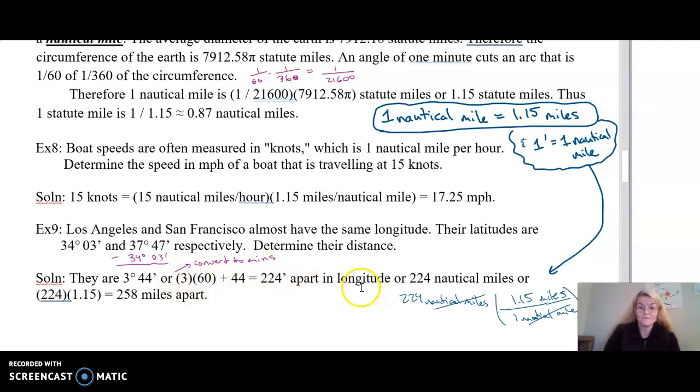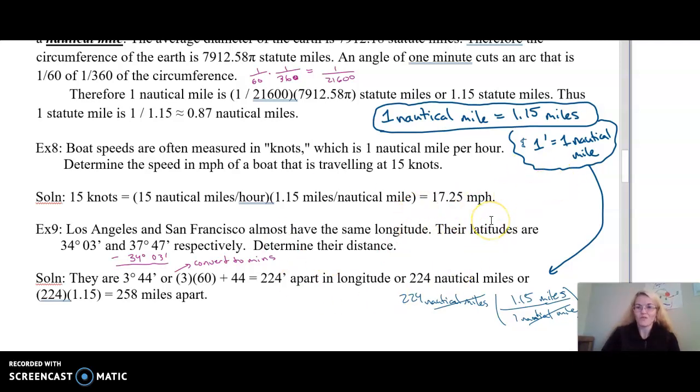But again, remember, 1 minute measured from the center of the Earth traces out an arc length of 1 nautical mile on our Earth. So 224 minutes apart is the same thing as saying they're 224 nautical miles apart. Now convert: 224 nautical miles times 1.15 miles over 1 nautical mile. Just multiply. They're about 258 miles apart.